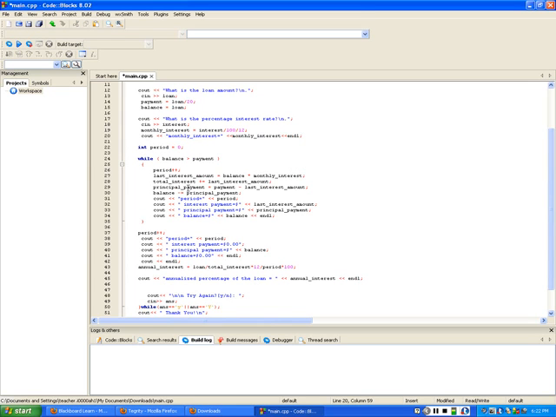Okay, so we got last interest amount, total interest equal last interest amount, principal payment equal payment minus last interest, balance minus equal principal payment.